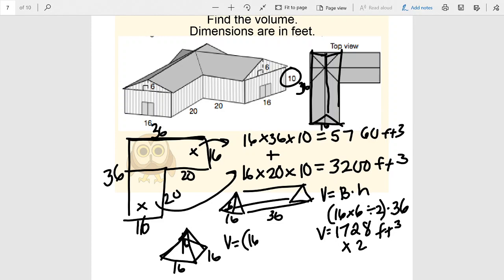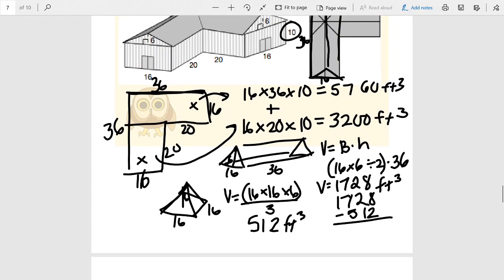So in this case, 16 by 16 by 6 divided by 3 actually gives us a volume of 512 feet cubed. So when it comes down to it, we're going to have basically 1728, another 1728, minus 512 to get rid of that overlap that happened.